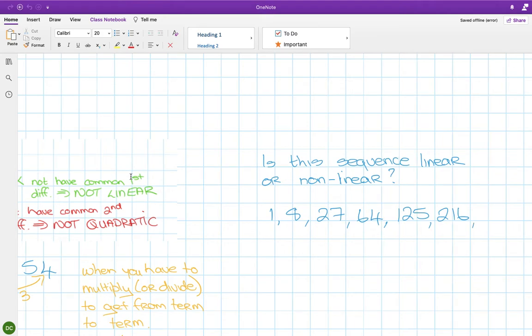Here's the sequence. So let's check if it's linear.